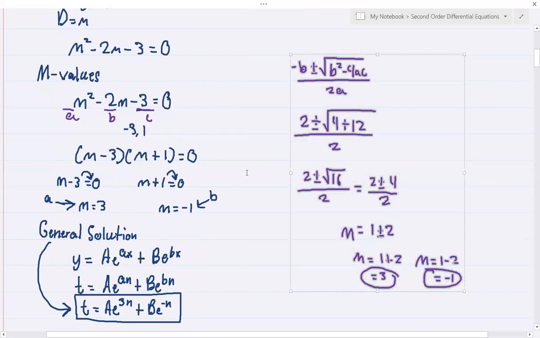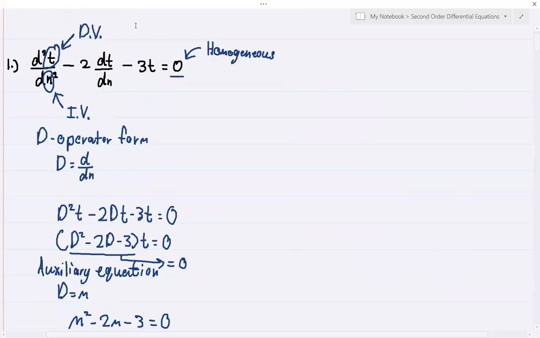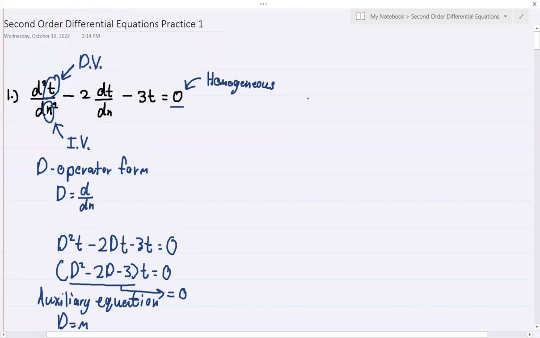So let me erase this one because not only are we going to find the general solution, but we're going to find the particular solution. So let's proceed to finding your particular solution. So we have a given of x, sorry, this is not supposed to be x. Rather, this is supposed to be n.